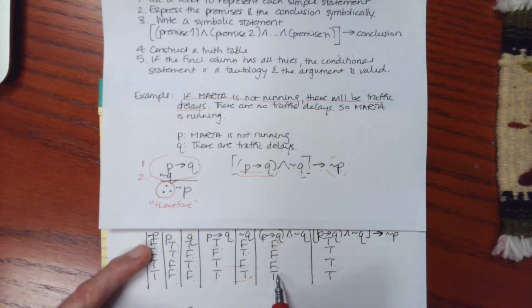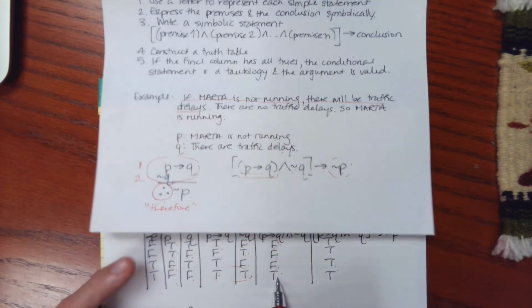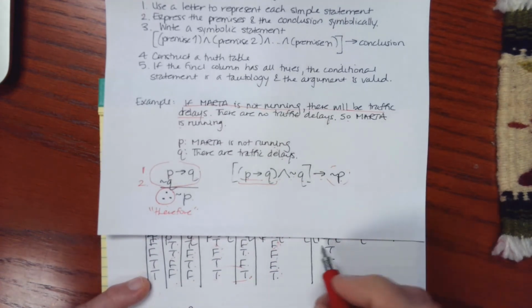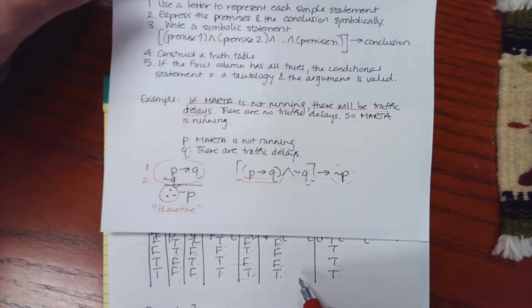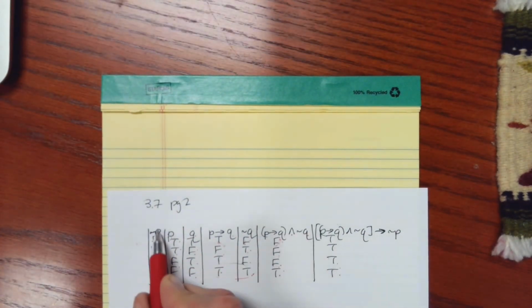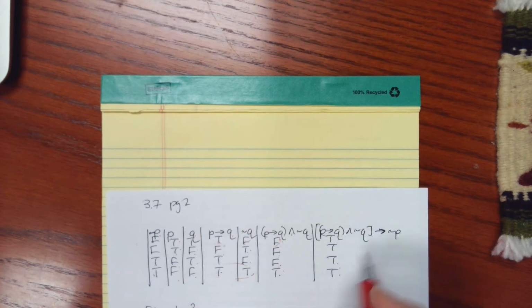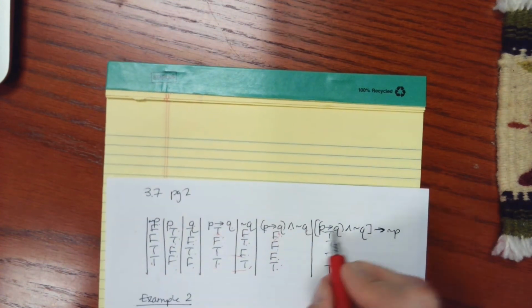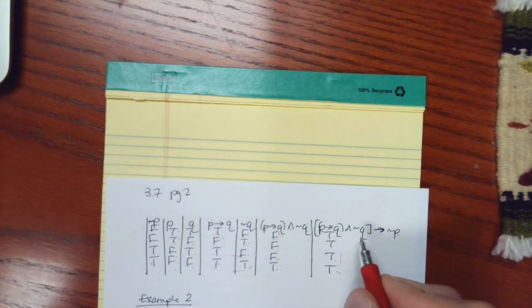Now, when the antecedent is true and the consequent is true, this is true. So the only time I would have an issue with the conditional is if I had a true antecedent with a false consequent, and that never happens. So I end up with all values of true here. So this is a tautology. So that is a valid argument.